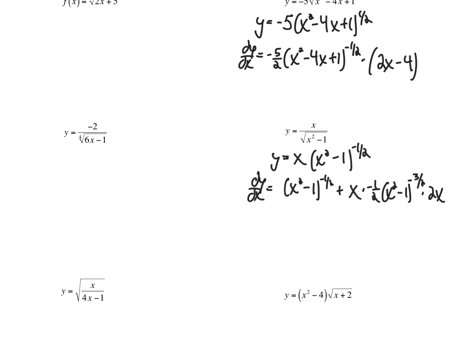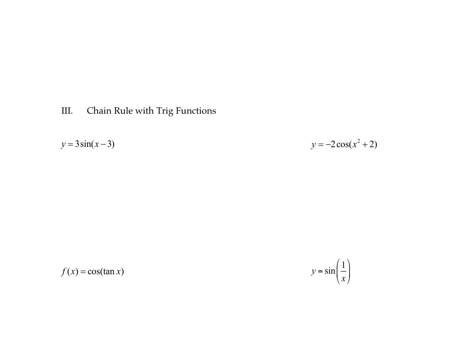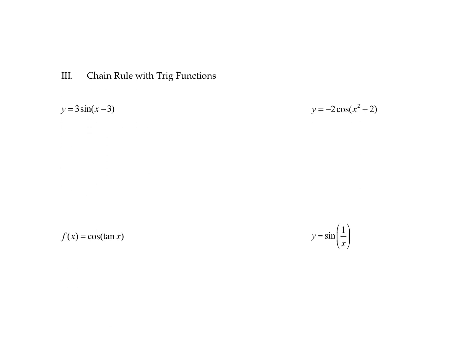Okay, so be careful with a problem like that. Hopefully you got it. Let's keep on moving: chain rule with trig functions. This is good. Let's try y equals negative 2 cosine of x squared plus 2. If you want to pause the video and give it a shot, feel free to do so. If you want to walk through this one with me, feel free to do that as well.